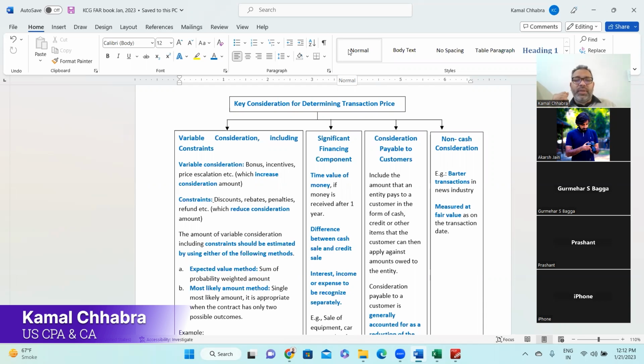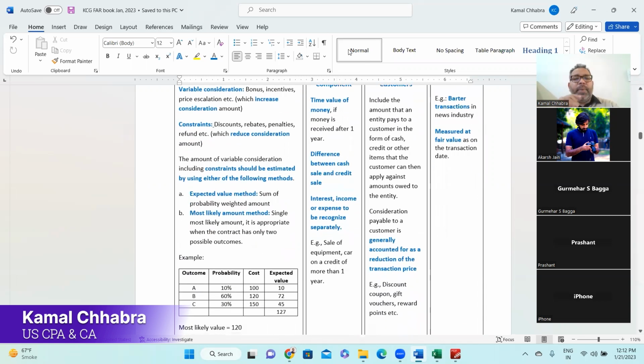The amount of variable consideration, including constraint, should be estimated using either of the following methods. Whether you have a variable consideration or a constraint to the variable consideration, you can estimate the amount by either of these two methods. The first method is the expected value method.